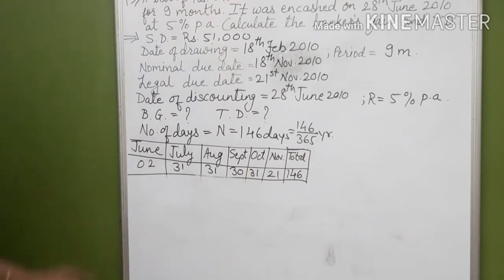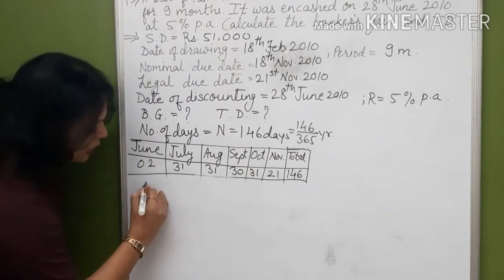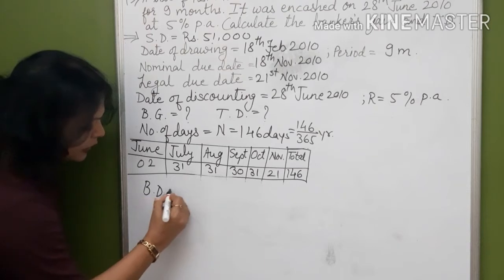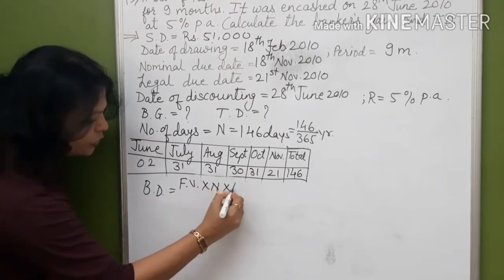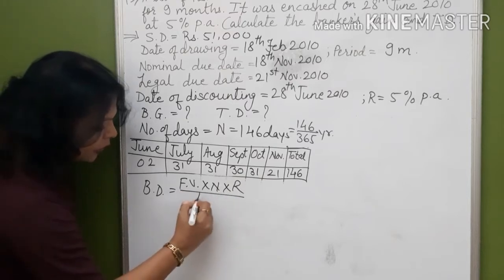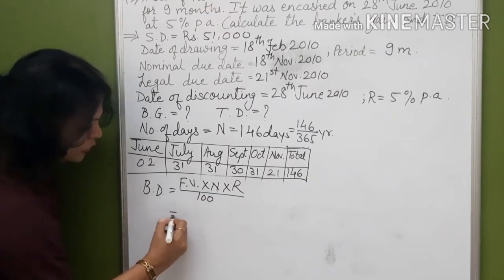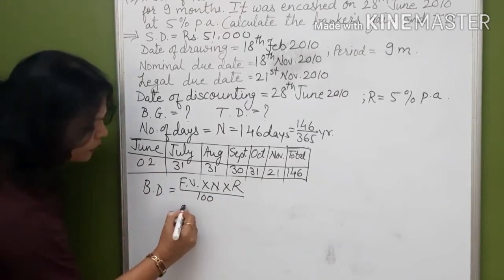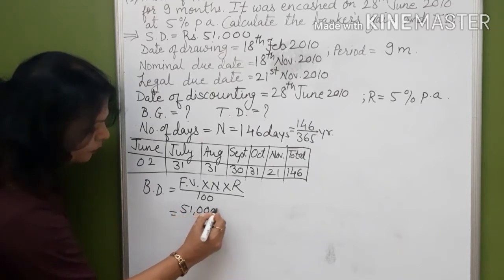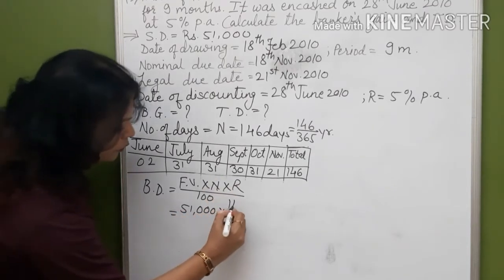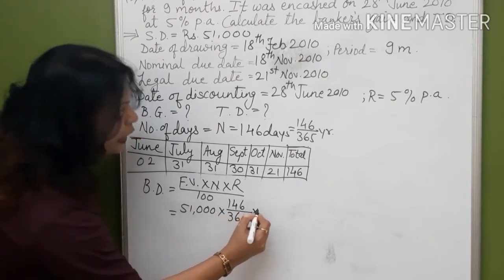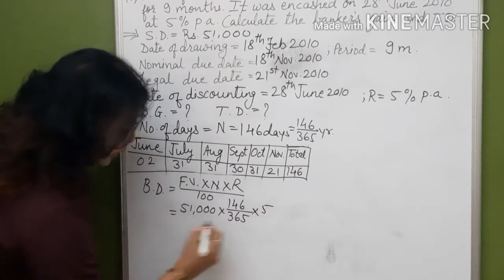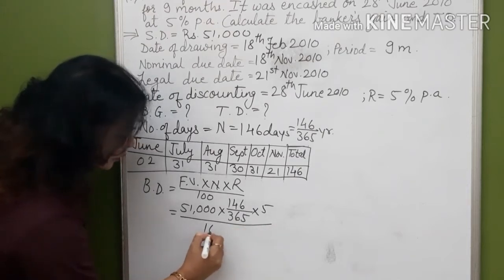N is equal to 146 upon 365. Now let us calculate the banker's discount. So banker's discount is face value into N into R upon 100. So face value is 51,000. And we have got 146 upon 365 into R is 5 upon 100.